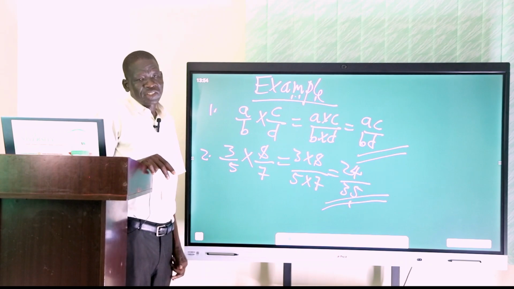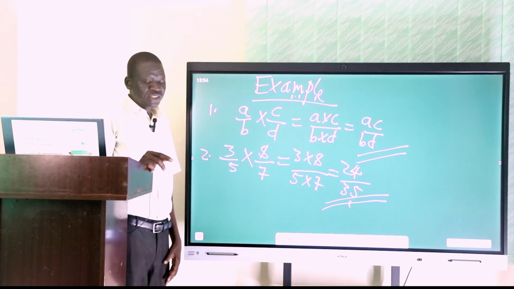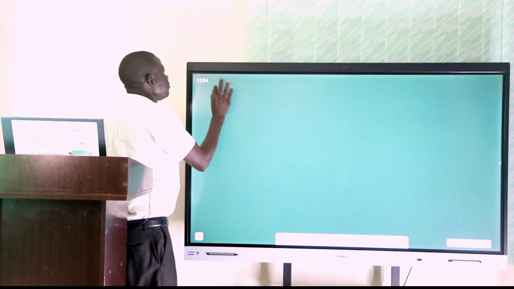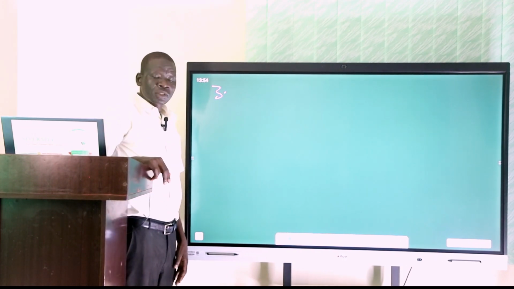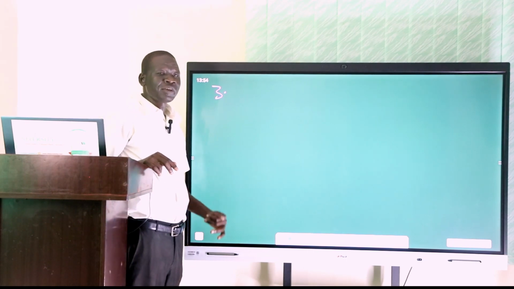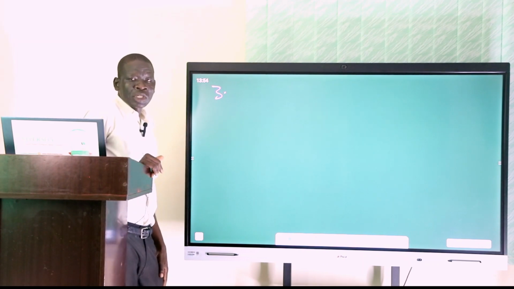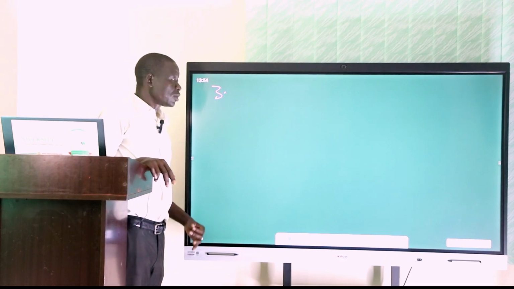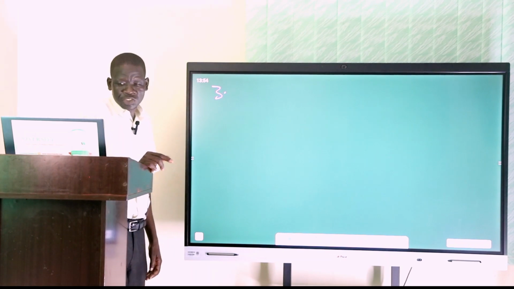There are circumstances whereby we may be given mixed numbers. Suppose we are given mixed numbers. To multiply mixed numbers, we have to change first of all the mixed number into what we call an improper fraction. After changing them to improper fractions, you then continue with the normal process of multiplying fractions.